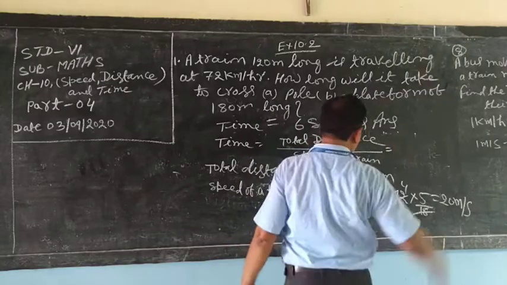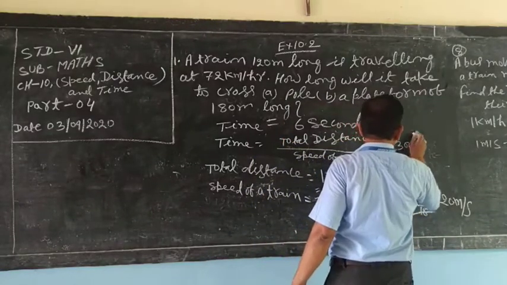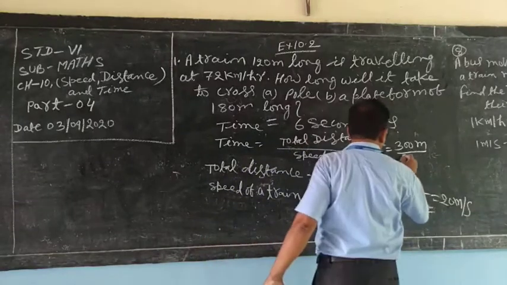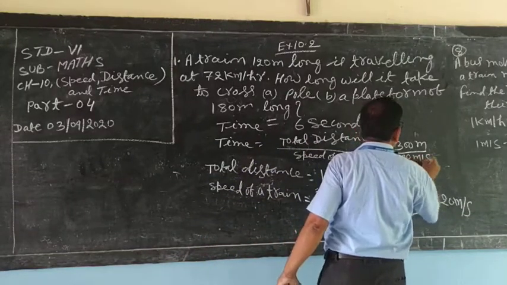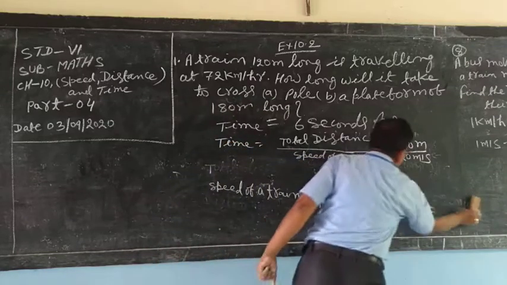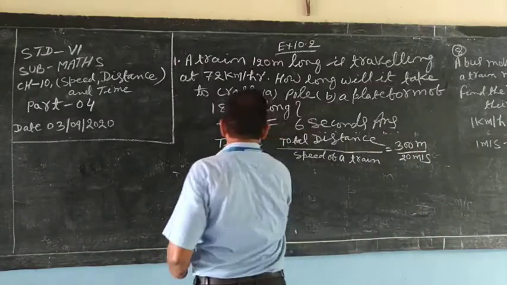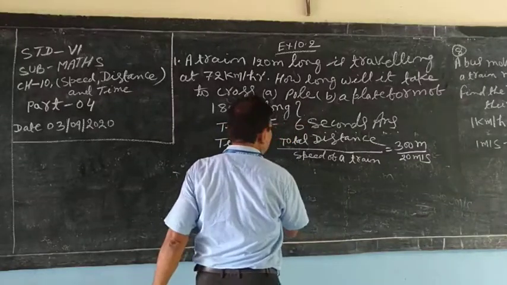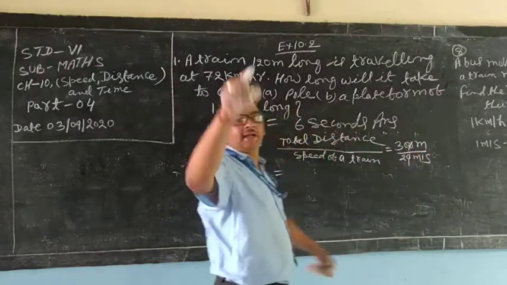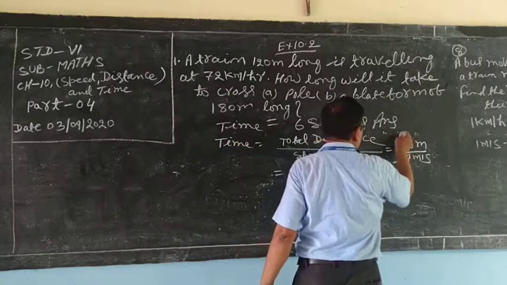Total distance is 300 meter, and the speed is 20 meter per second. You will cancel: 30 divided by 2, which is 15 seconds.